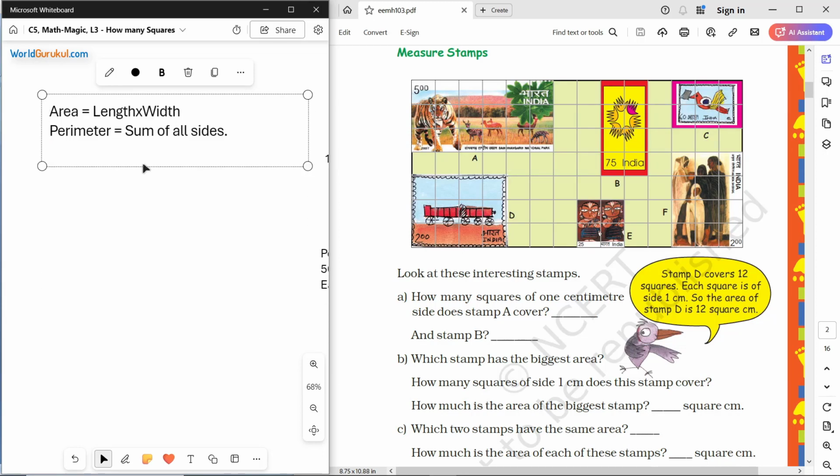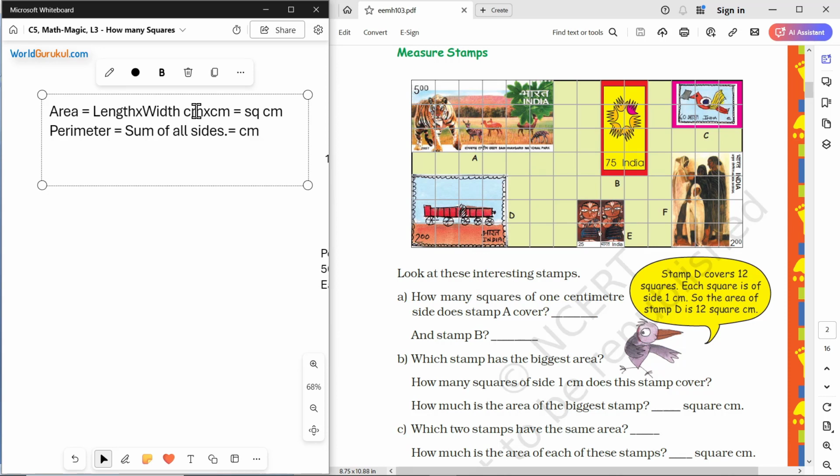This formula is important. Area is length into width, centimeter multiplied by centimeter is square centimeter, and perimeter is centimeter only, as you are summing all the lengths. Whereas here you are multiplying the length and breadth, so you have a square.